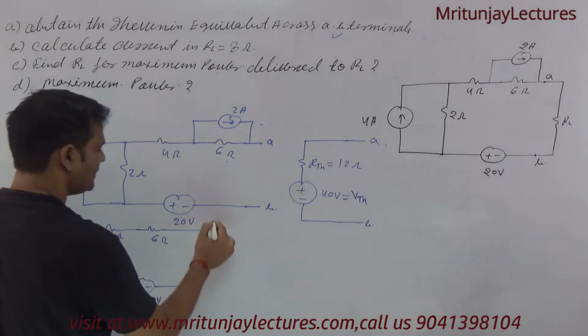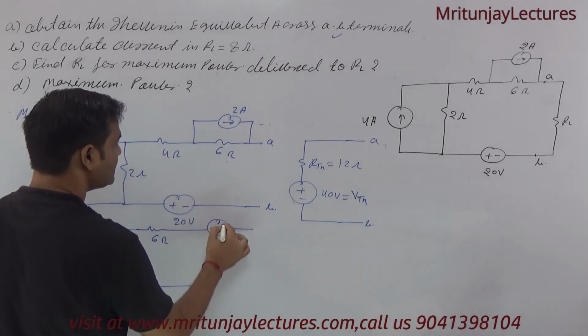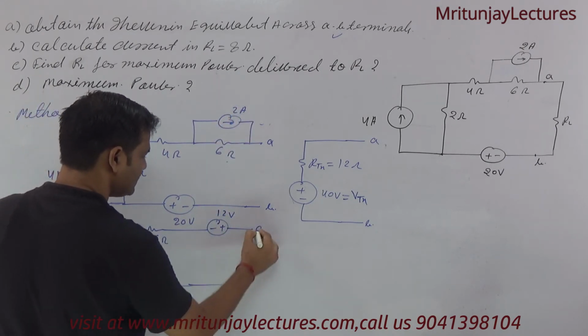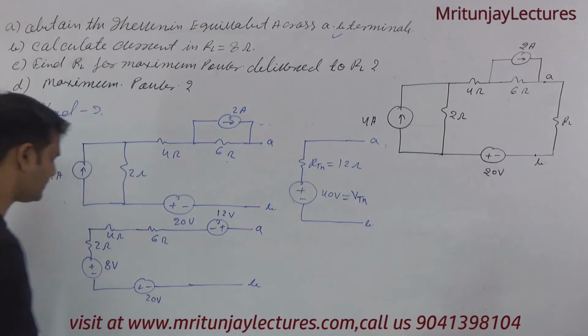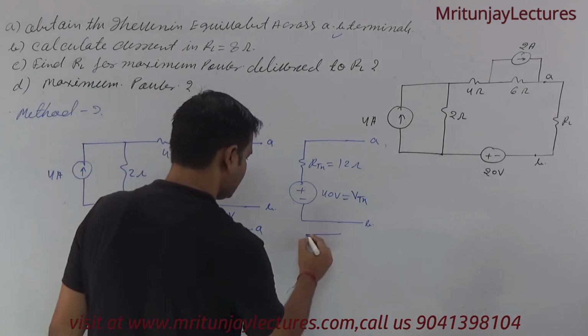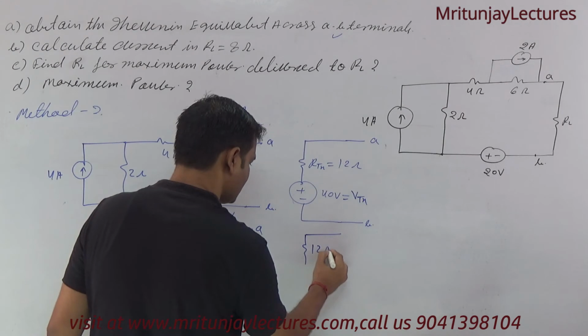If this one is converted, minus plus 4 into 2, that is 12 volt, corresponding to V of AB. 2, 4, 6, that is 12 ohm. Finally, that is 12 ohm.